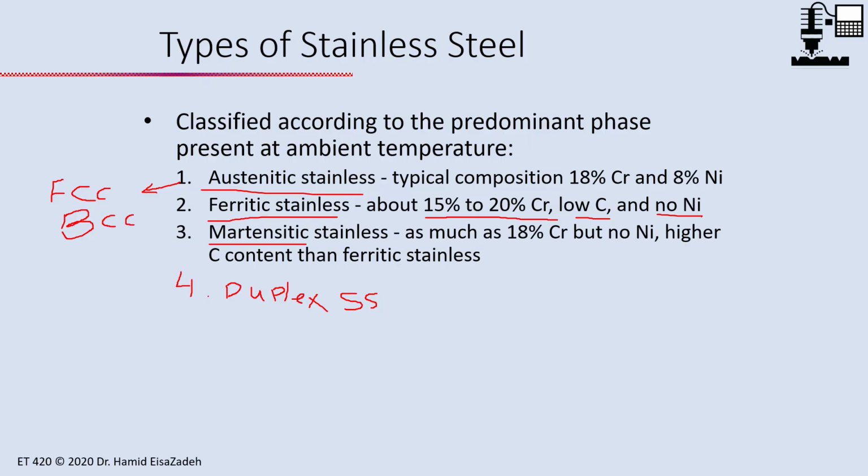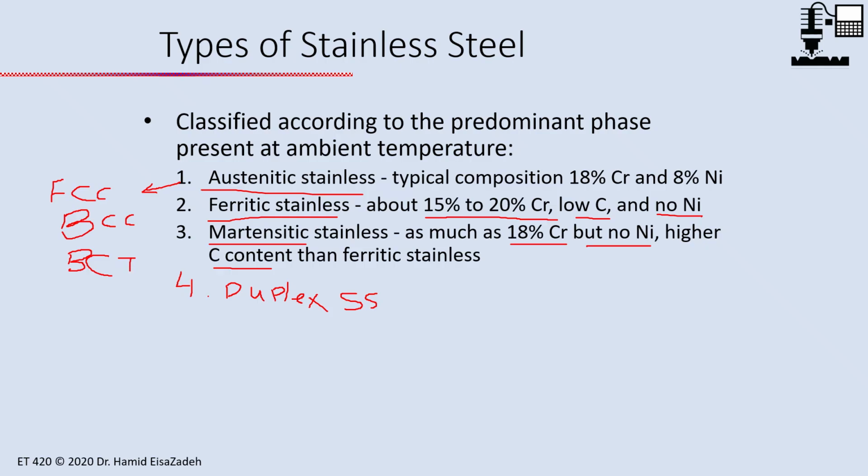And then in the martensitic, we have chromium, again no nickel, but higher carbon content, and the crystal structure is body center tetragonal, BCT.